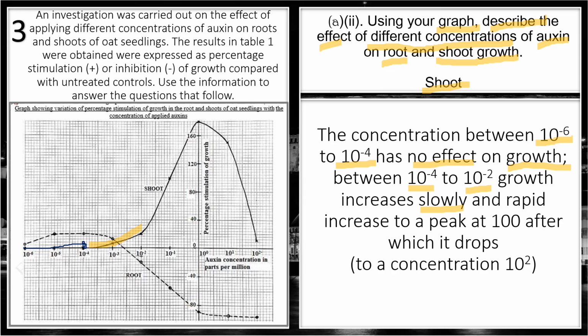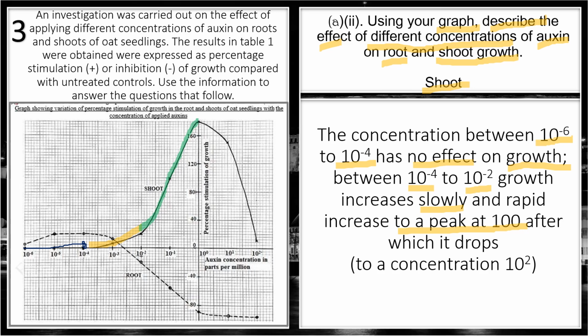And then a rapid increase up to the peak at 100. So when you look at it from 10 to power negative 2 to 100 parts per million of auxin concentration, there is a rapid increase up to the peak growth in the shoot.